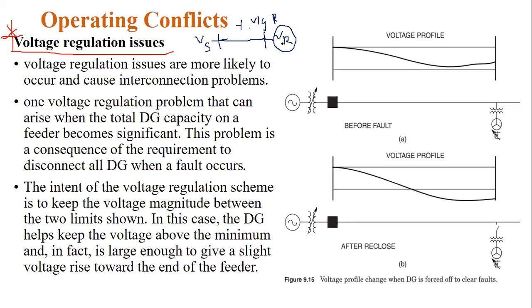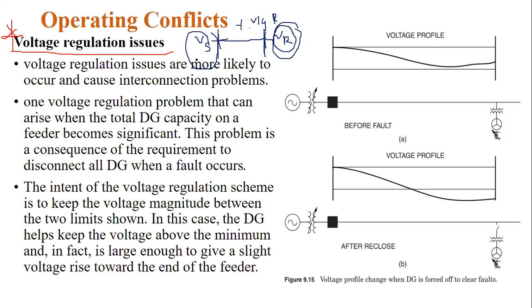Sending end voltage minus receiving end voltage, divided by the sending end voltage VS, if we calculate with respect to the sending end, or divided by VR if we calculate with respect to the receiving end side. Based on that there are two ways.